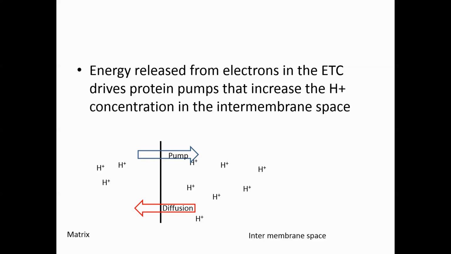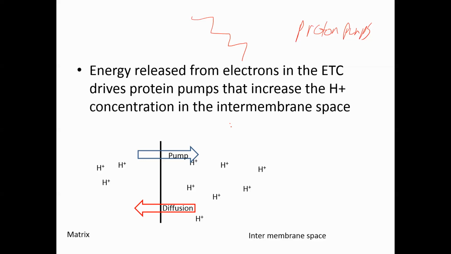So one thing I need to point out, remember diffusion. High concentrations of a molecule have higher potential energy than low concentrations. So the energy released from the electron transport chain is actually going to power proton pumps. And we're going to pump lots and lots of hydrogen ions into the intermembrane space.